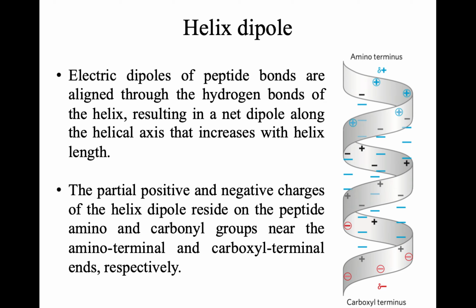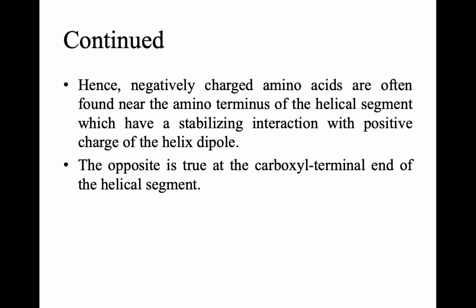Because of this, a partial positive charge is created at the amino terminus end, and a partial negative charge is created at the carboxyl terminus end of the alpha helix. Hence, usually the negatively charged amino acids are present towards the amino terminus segment of the alpha helix, which creates a stabilizing interaction with the positive charge of the helix dipole, and the same is true for the carboxyl terminal end of the helical segment.